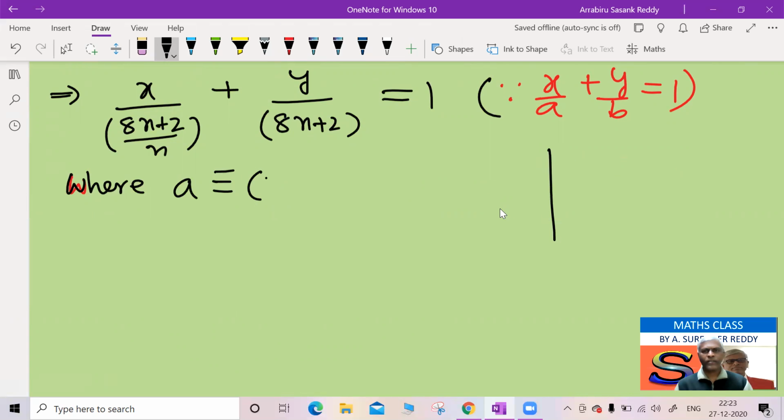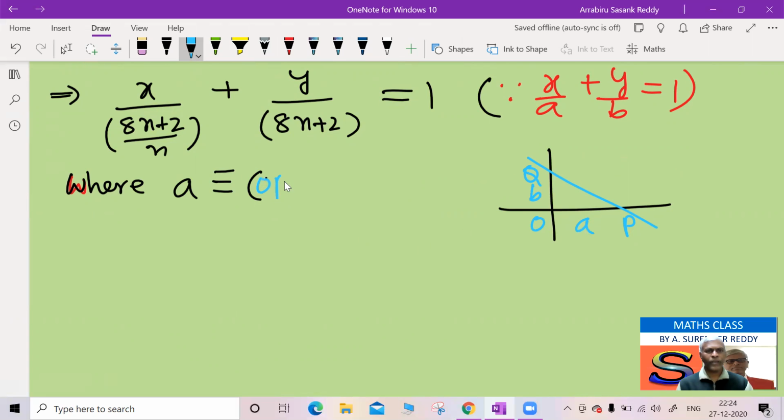If you take a line cutting positive intercepts at P and Q, OP is a, OQ is b.